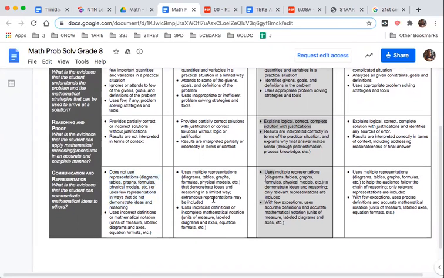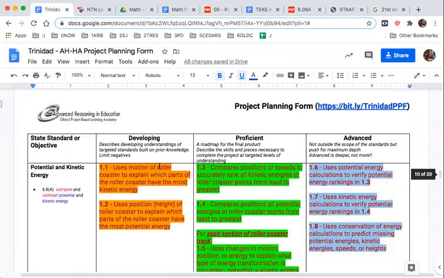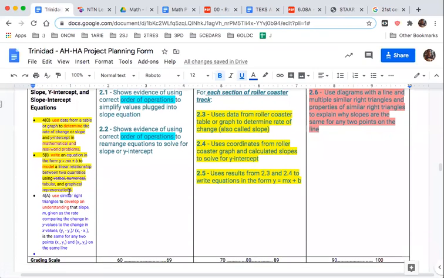Here they're looking at how students can use different representations of ideas in order to make arguments and demonstrate ideas. I thought that would be really critical to this project because in my math standards, we're required to represent slope, y-intercept, and linear equations from verbal, numerical, tabular, and graphical representations.